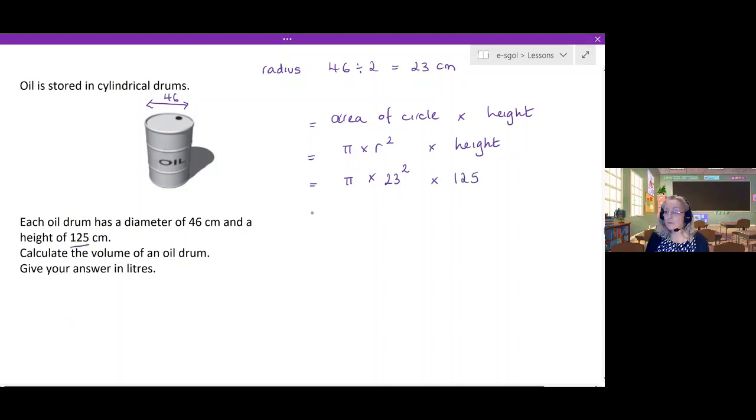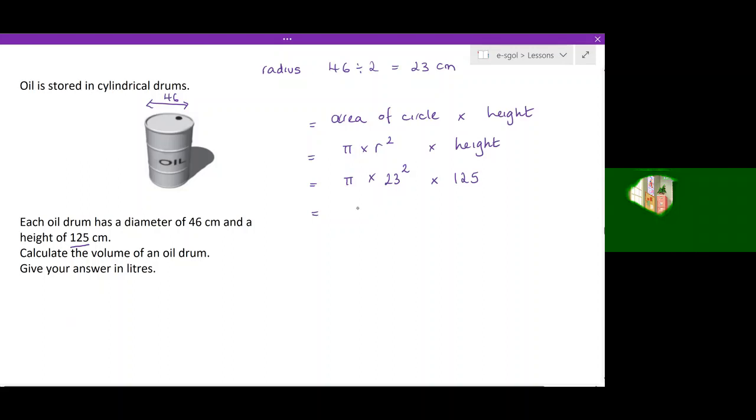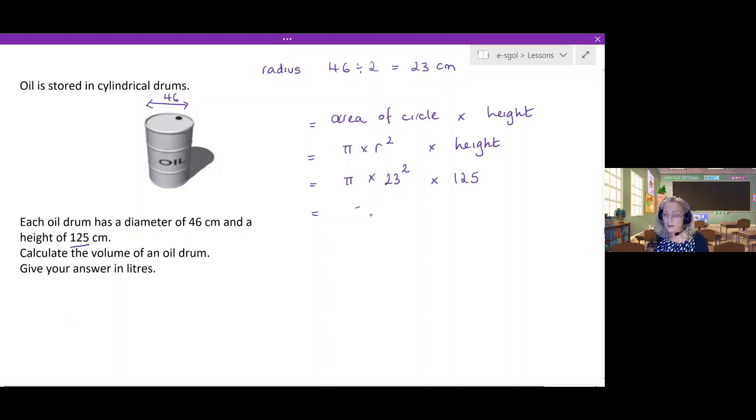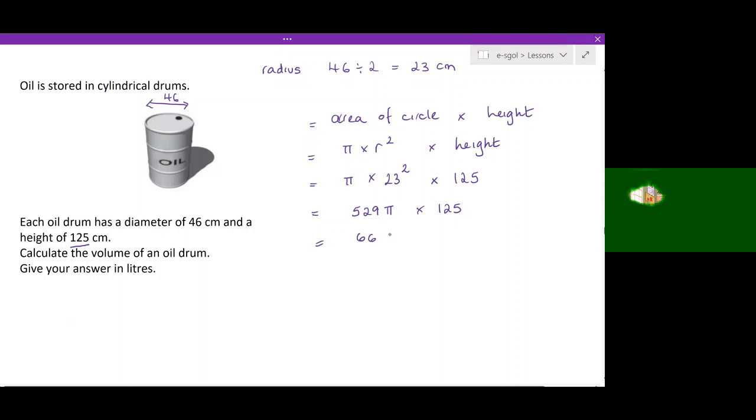If I put this into my calculator, 23 squared is 529. So I've got 529 pi, and I've got to multiply that by 125. And putting that into my calculator, I get 66,125 pi.